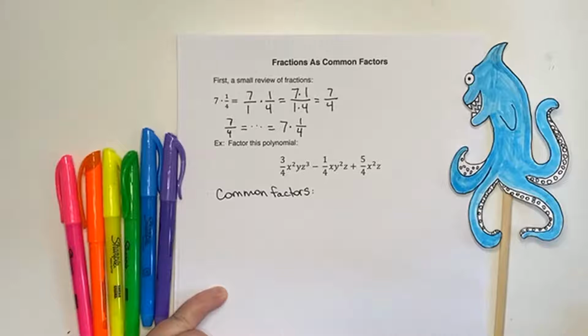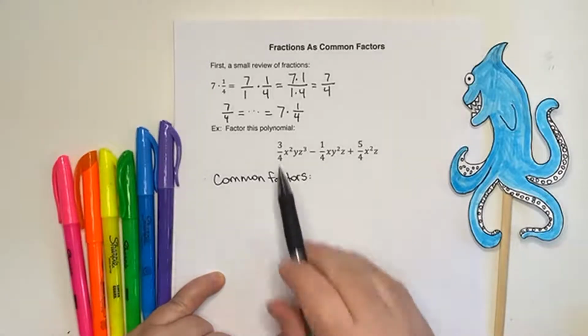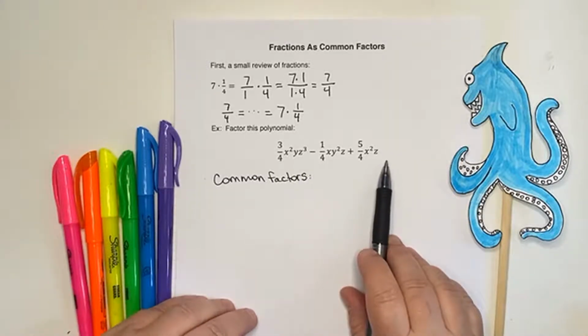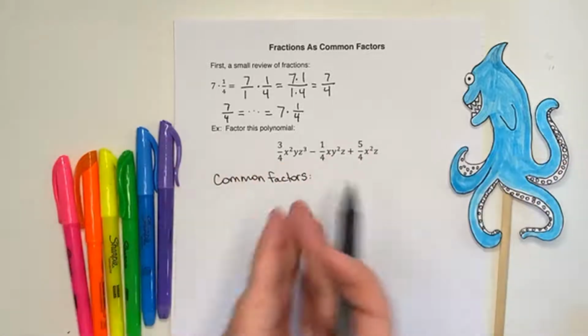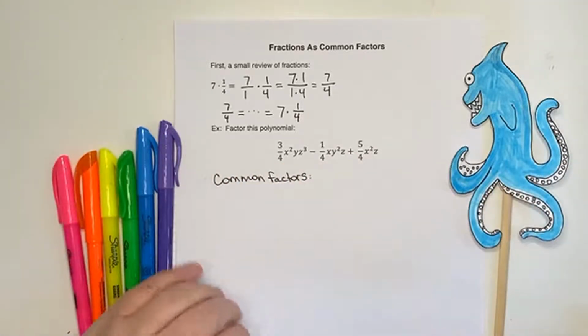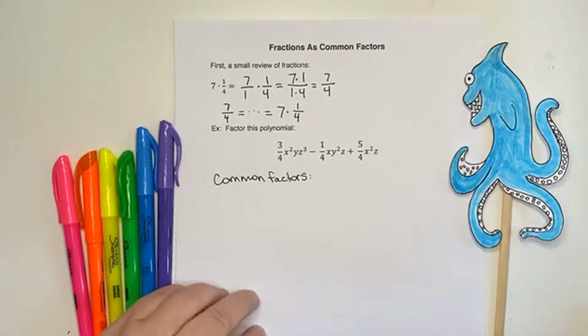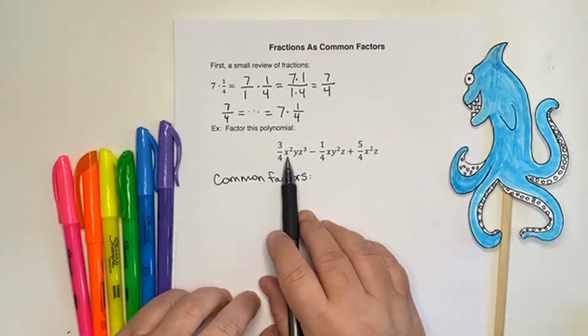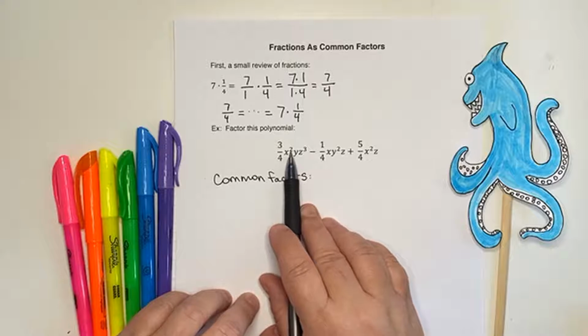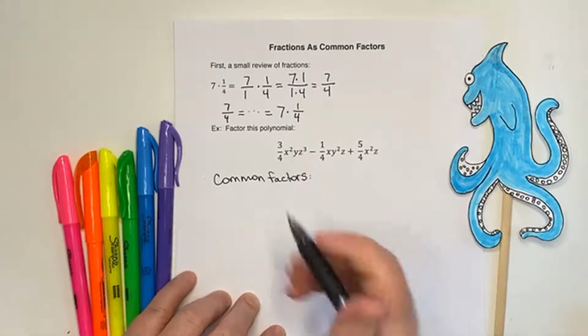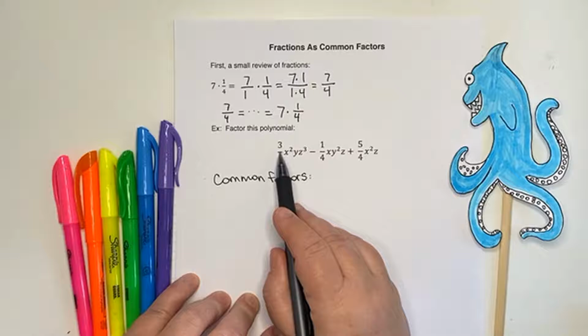In order to do that, I'm going to take this polynomial and write it out really long, expanded, writing everything out, not writing anything short with special symbols. So I'm going to explicitly write out all of the exponents, all of the powers here, and I'm going to write the fractions.